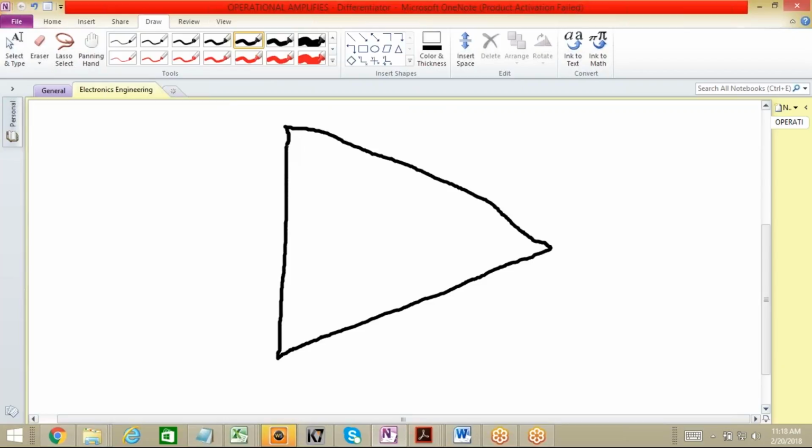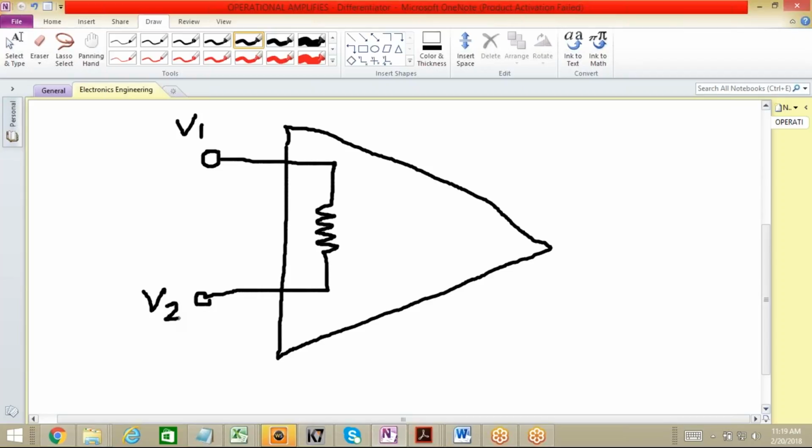Then we have this V1 terminal, which is associated along with the input impedance, connected to the V2. Here we have a ground terminal.